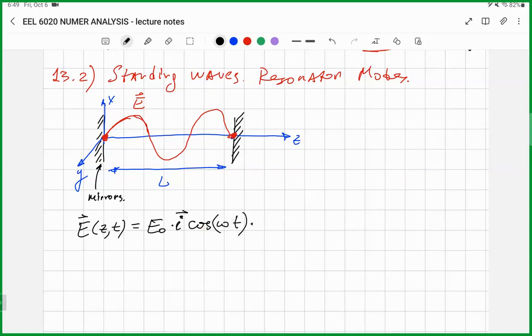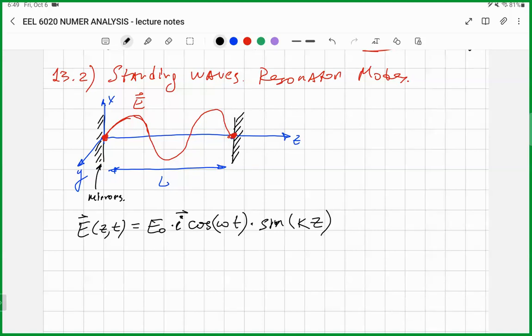But what about the spatial distribution of the field? At z equals 0, it's equal to 0. What function describes this behavior? The sine, right? Sine of 0 is equal to 0. So I write it times sine of some k, which is the wave number to be defined for this case, times z.